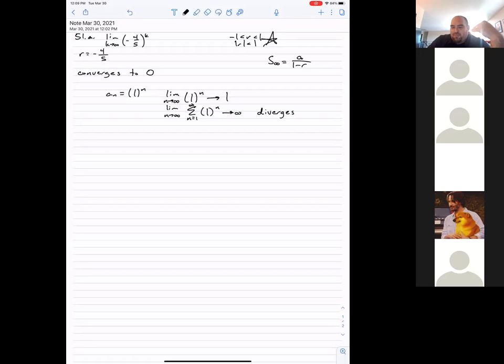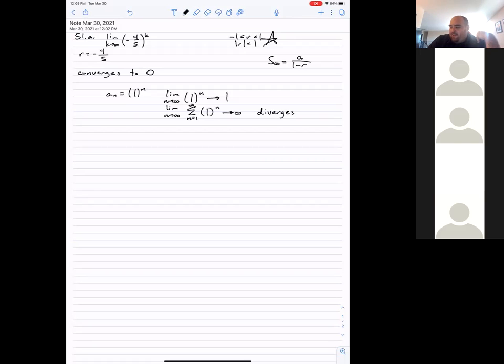And the contrapositive says if the series converges, then the sequence must converge to 0. So if we're asked to find if a sequence converges, and we instantly recognize it as something of a series that converges, then we already know that the sequence converges to 0. So if you recognize a convergent series, the sequence converges to 0.